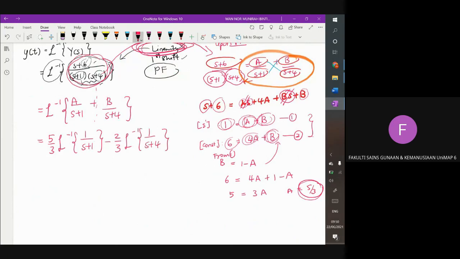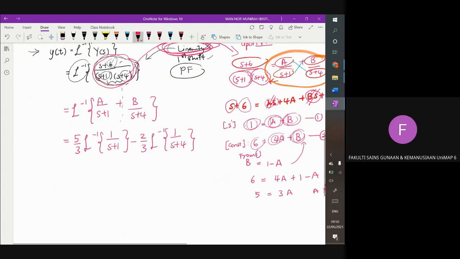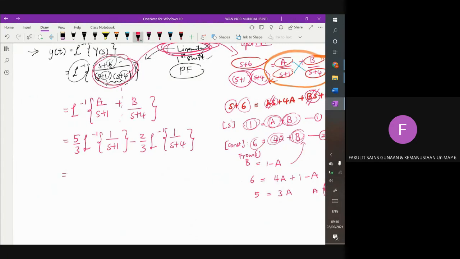So I hope that my calculation here, step by step, one by one, you will get clearer picture on how to solve this one. So I have 5 over 3, 1 over s plus 1, s plus 1 shifted by 1. So I have e negative t. Minus 2 over 3, this one is shifted by 4.